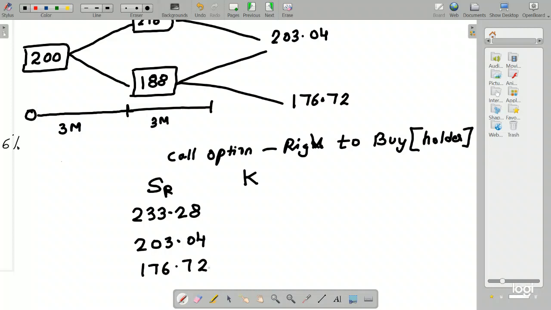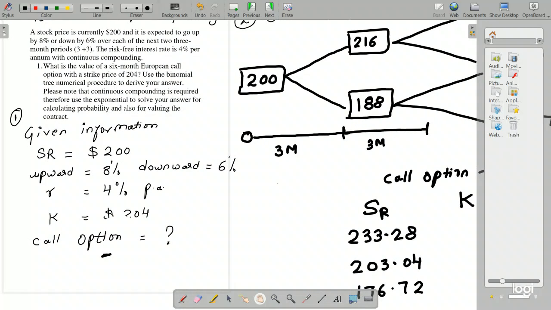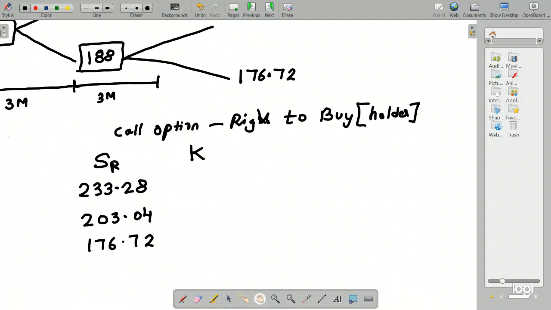In all of these situations, by virtue of the contract, your strike price is fixed. Just find out how much your strike price is, as given in the question. The strike price is 204. So we are going to write the same strike price here, 204, 204, 204.